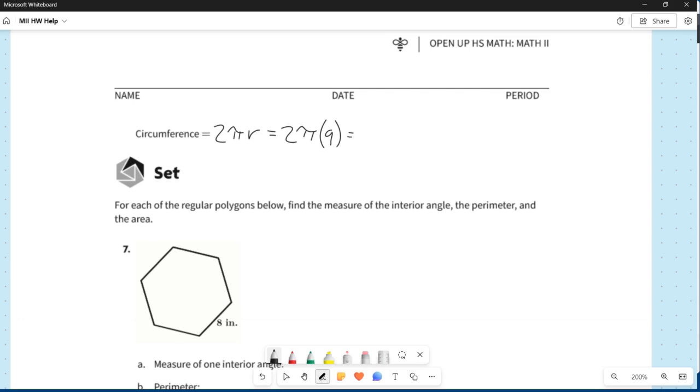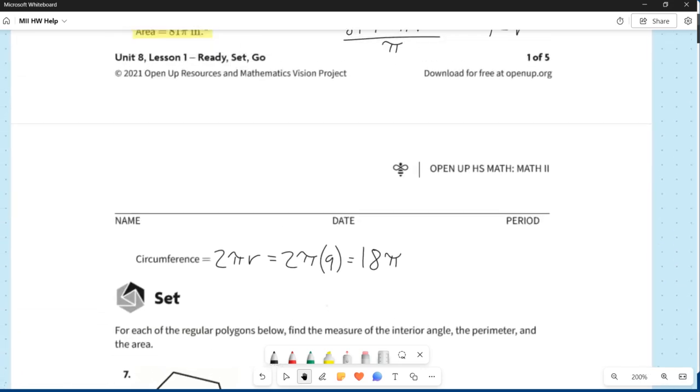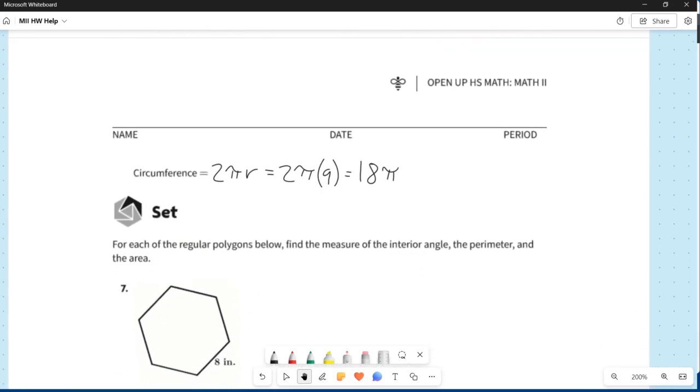Multiplication is commutative, so the order doesn't matter, which means we can just do the 2 times 9 and skip over the pi. 2 times 9 is 18. We can leave pi in our answer. Circumference is a one-dimensional unit of measurement, so we're talking about inches, and our final answer is 18 pi inches.